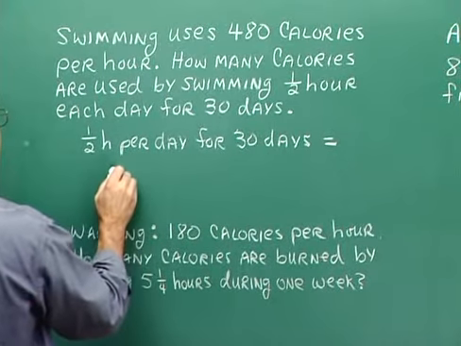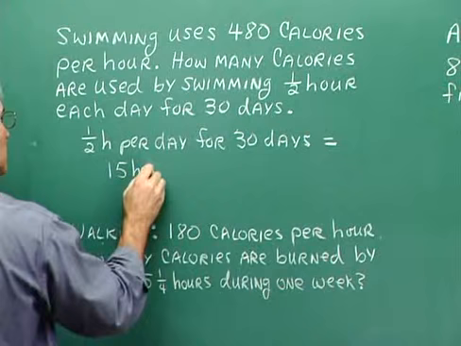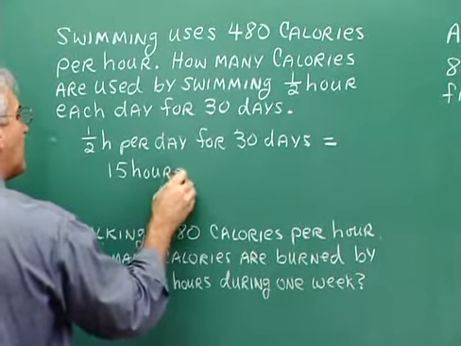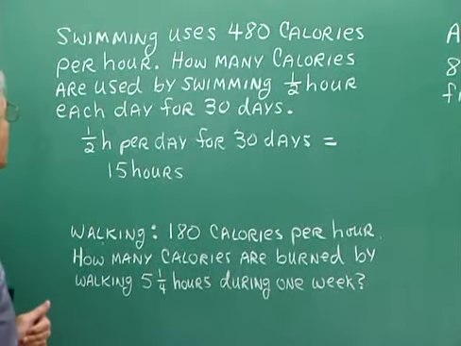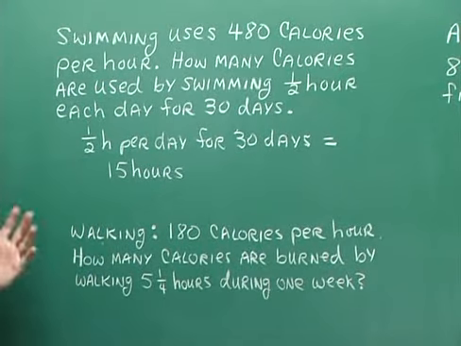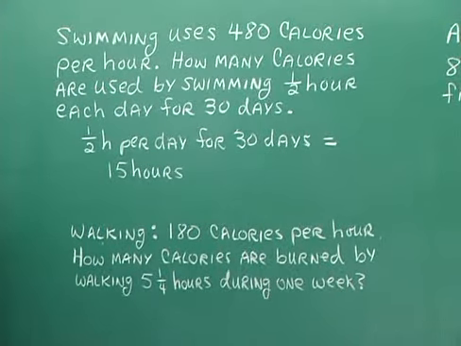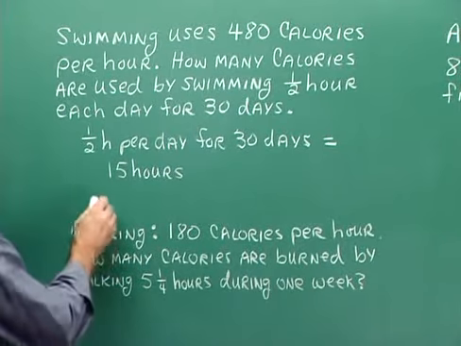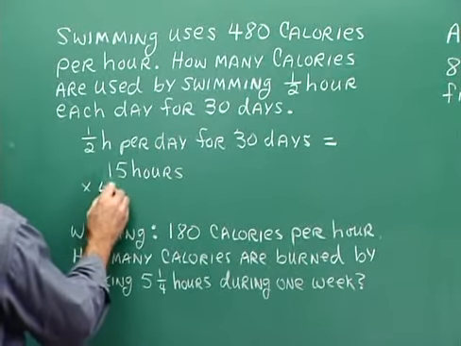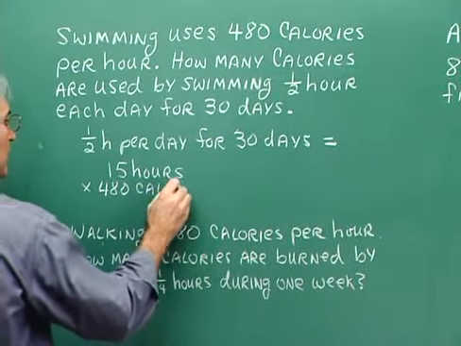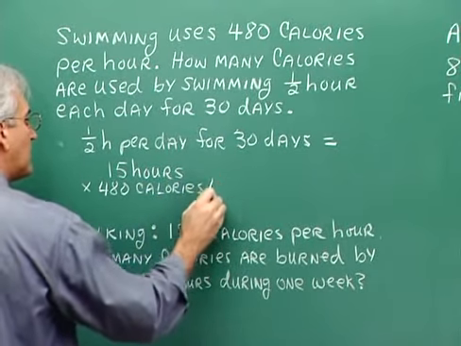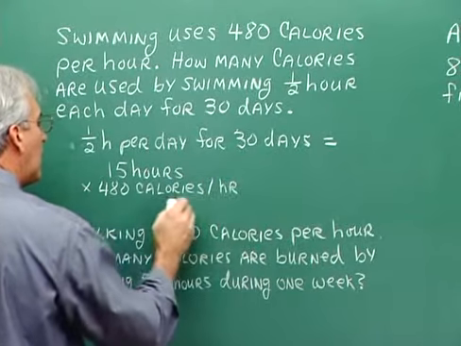So that's a total of 15 hours. Now, we have expended energy at the rate of 480 Calories per hour for 15 hours. How do we figure the total number of Calories burned? Well, we multiply by the number of Calories. So we're going to multiply 15 times 480 Calories per hour.